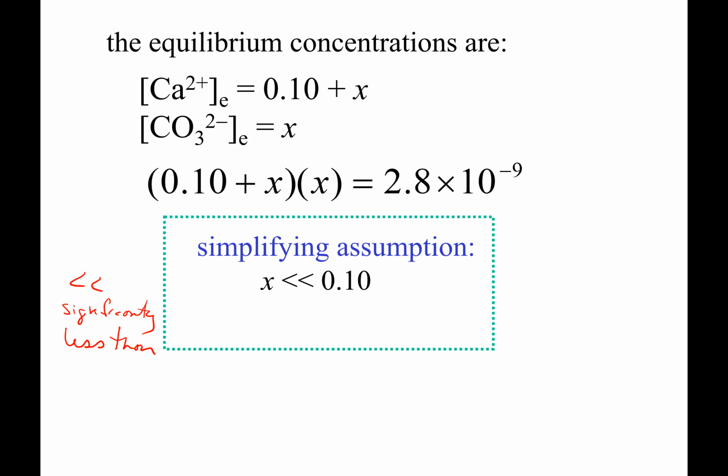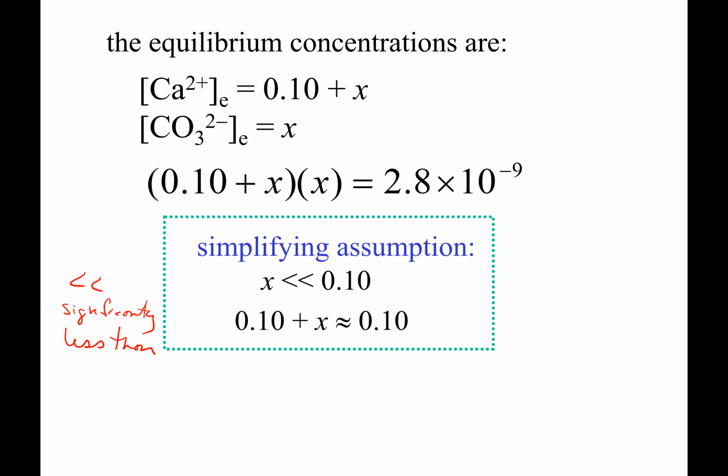X, by definition, is the amount of calcium carbonate that will dissolve. Well, you're dealing with an insoluble salt, so probably. See how that works? If X is significantly small compared to the common ion that was already present, then the quantity 0.1 plus X simply becomes 0.1, and your life just got a heck of a lot easier. It's called a simplifying assumption.